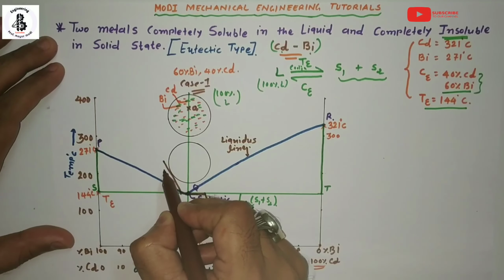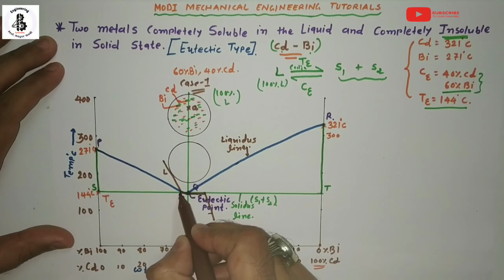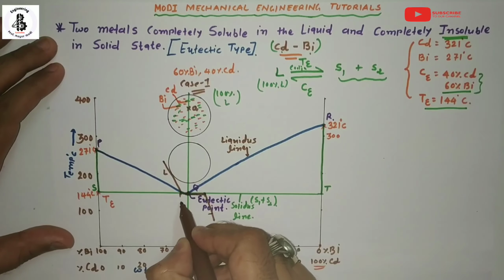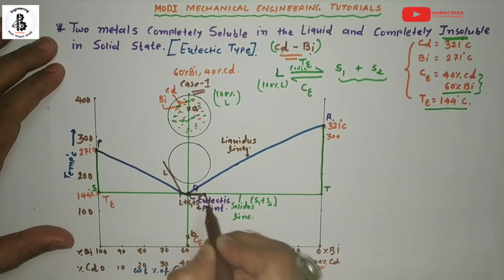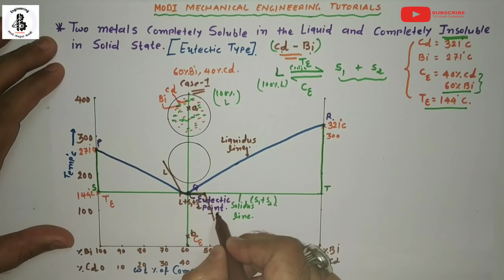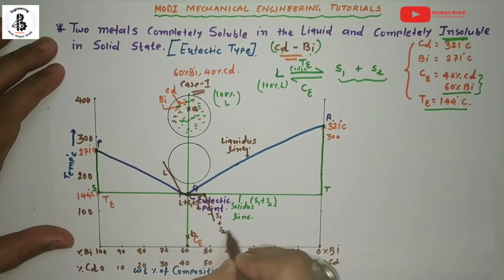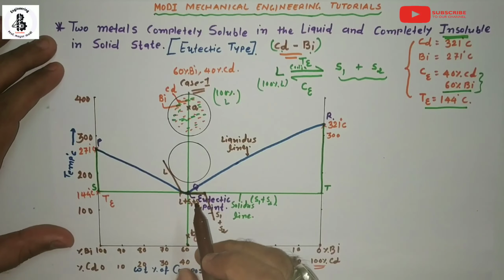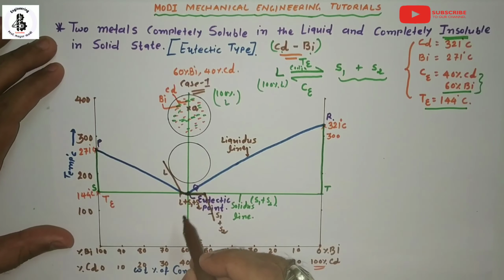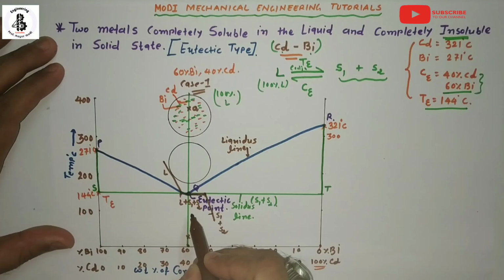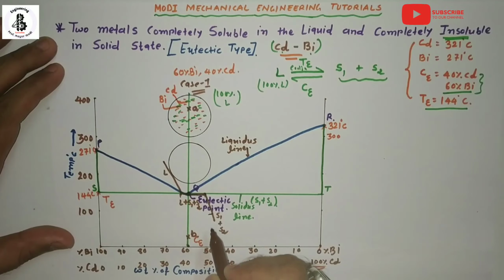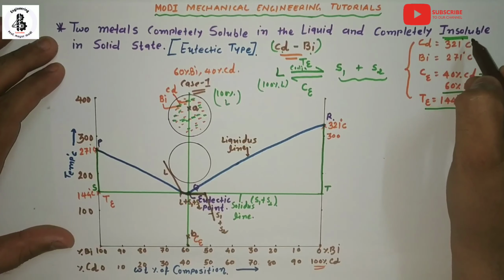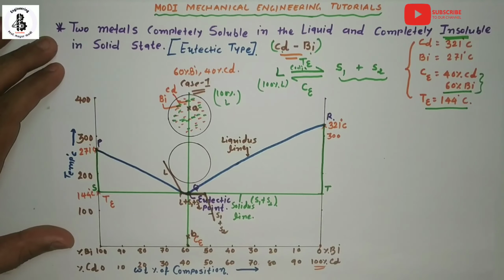So here it will be 100% liquid, and in between these two regions it will be liquid plus S1 plus S2, and then after that it will be S1 plus S2. In a simple way, for the binary eutectic system, it is a constant temperature solidification process, but it forms two different solids, because both solids are insoluble in the solid state.